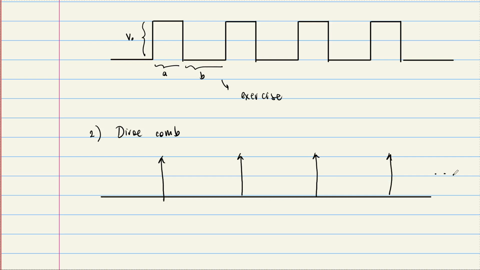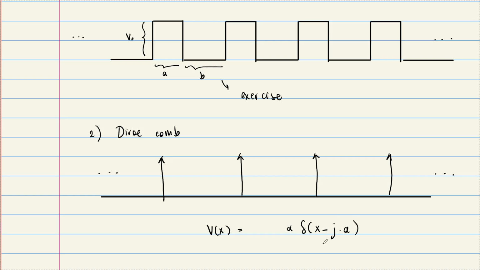I only draw 4 or 5, but imagine they are repeated infinitely many times. And this potential has only one parameter, right? So V of x is, suppose this one is just alpha delta of x. By translating this infinitely many times, I can generate all of these.